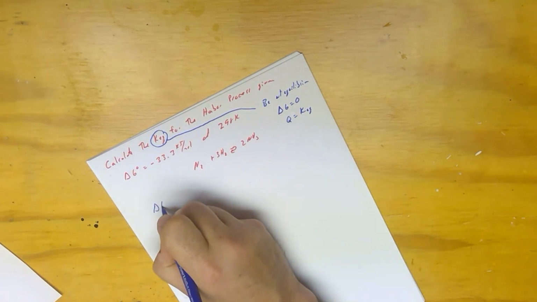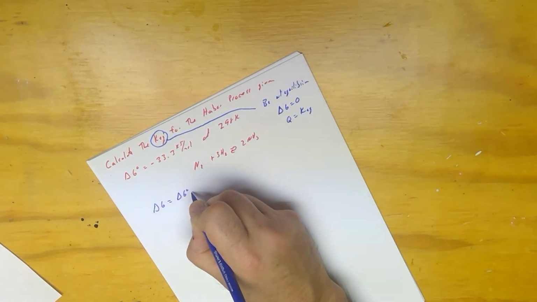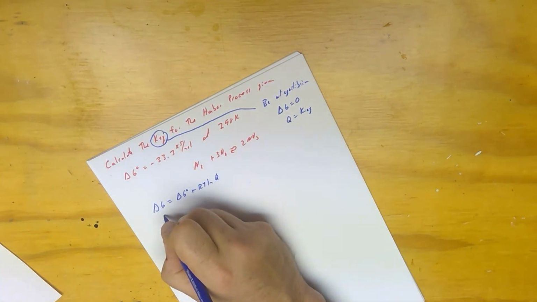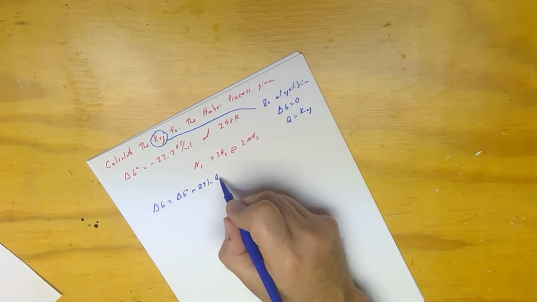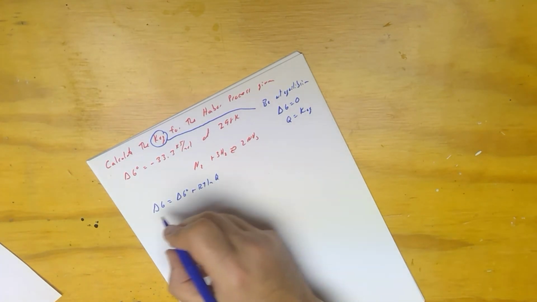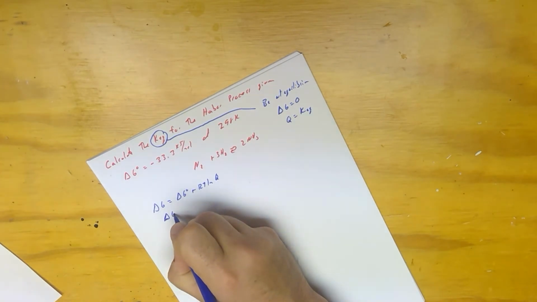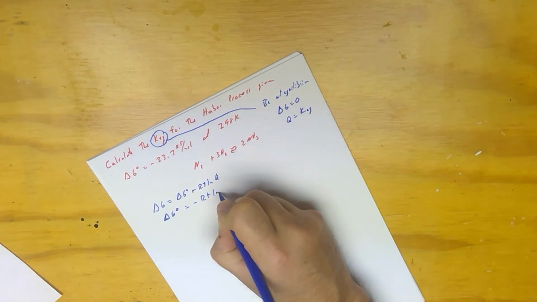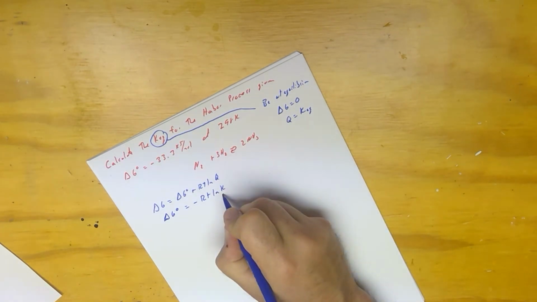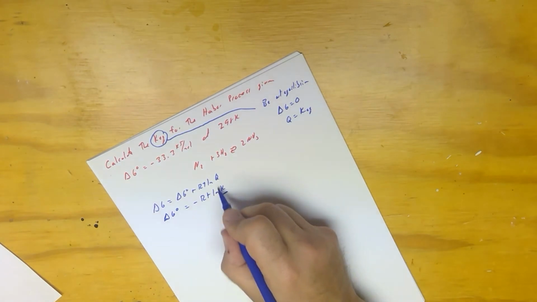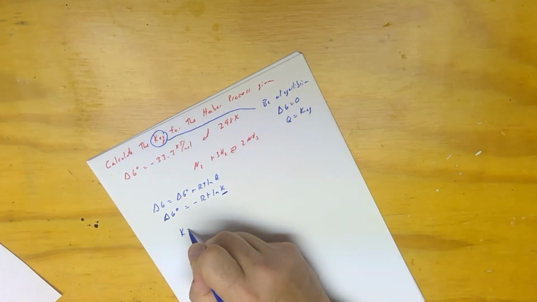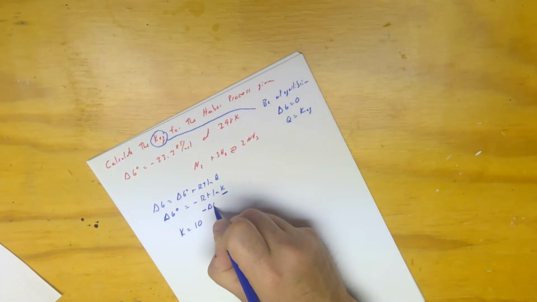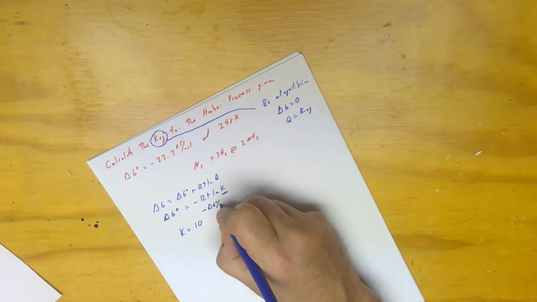If we start with delta G equal to delta G0 plus RT ln Q, we've already done this. This is 0, and this is K. So we end up with delta G0 equal to negative RT ln K. But we're trying to calculate for K, so to get K by itself, we have K equal to 10 to the negative delta G0 divided by RT.